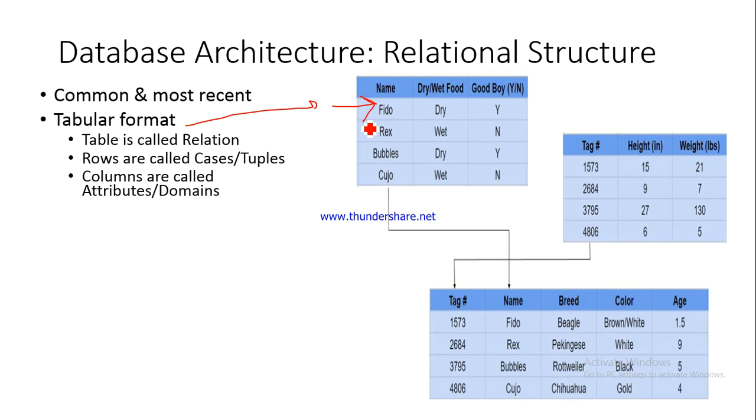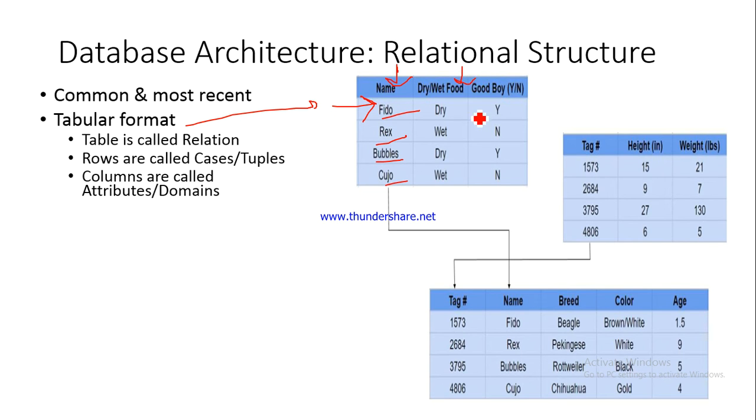Rows are called cases. So the first case here is Fido, second case here is Rex, then we have got Bubbles, Kuzo, and the columns are called attributes or domains. So basically this one is an attribute, name.